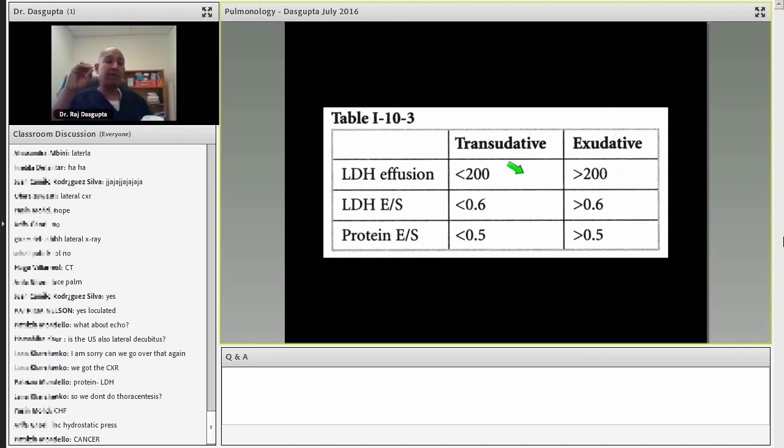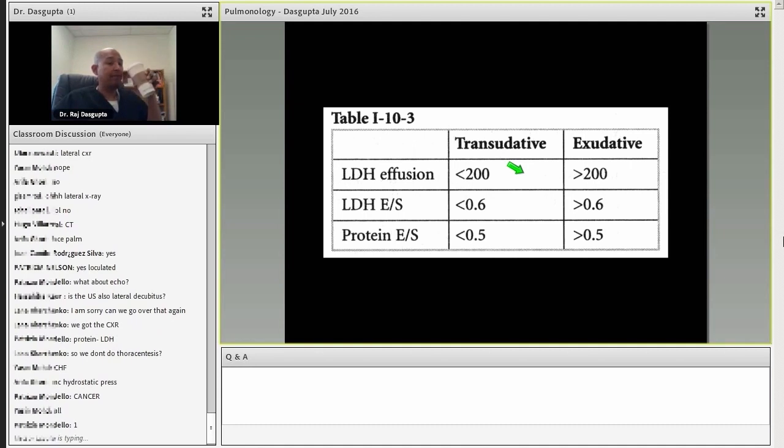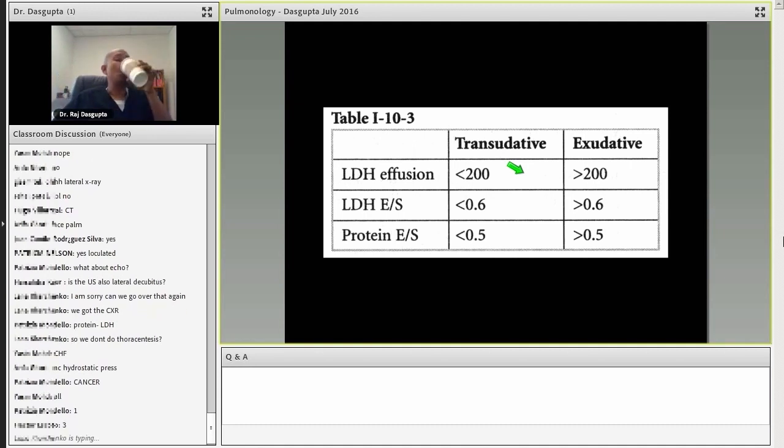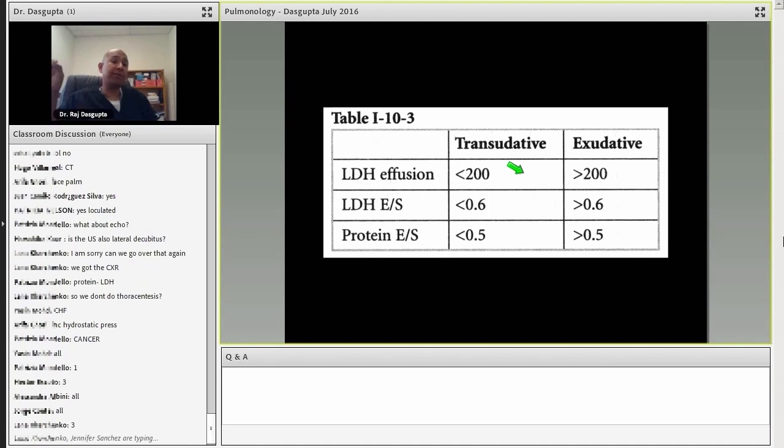How many of Light's criteria have to be negative to be a transudate? Good, everyone's correct. All three have to be negative to be a transudate.